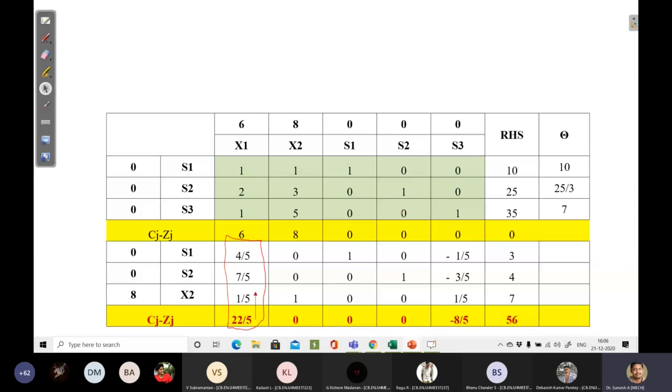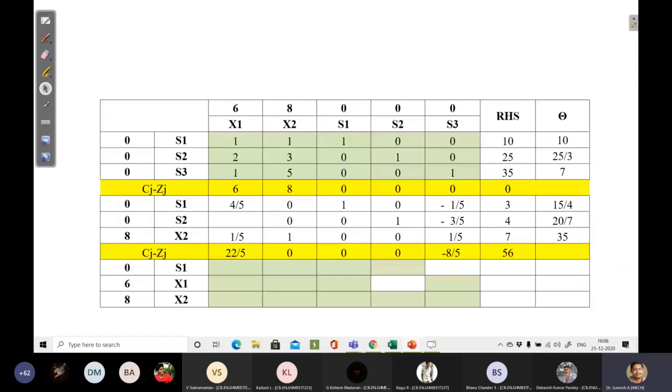Then using this information and your RHS of the equation, you can calculate the replacement ratio. The lowest positive is taken as your key row. You will get the intersection of key row and key column as the key number. You can again go for the next iteration.